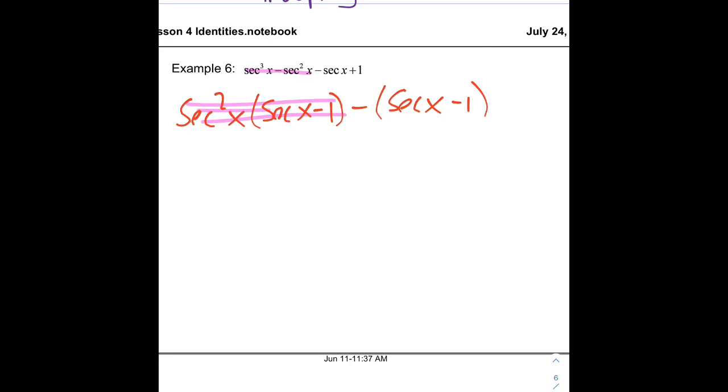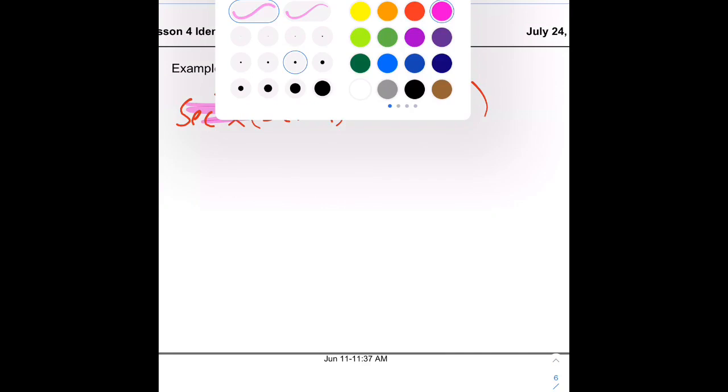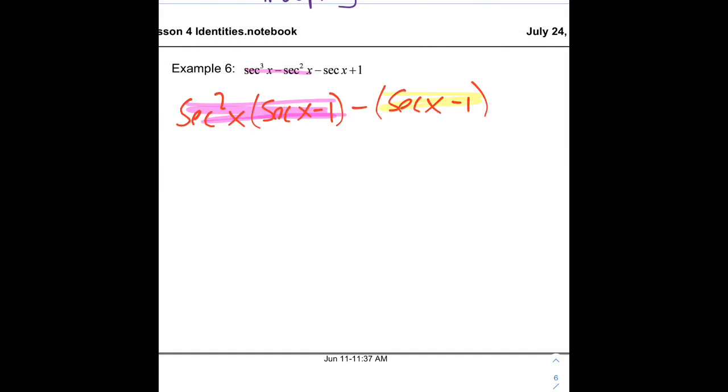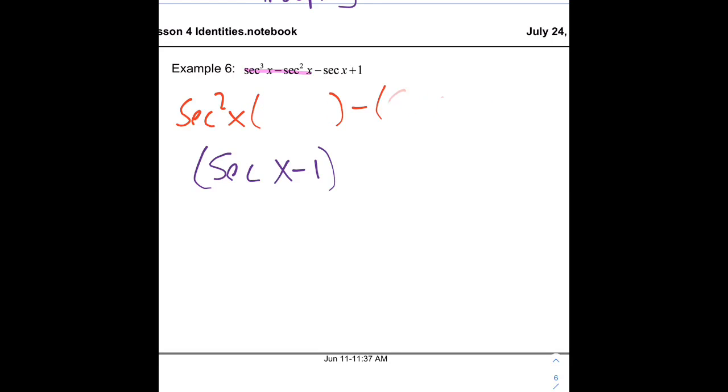Again, this is one term. This is a second term. What is it that both of them share? They share this obnoxious binomial secant x minus 1. And if I take out what they share, what are you left with? You're left with a secant squared x minus 1.